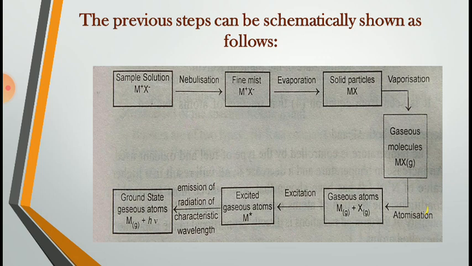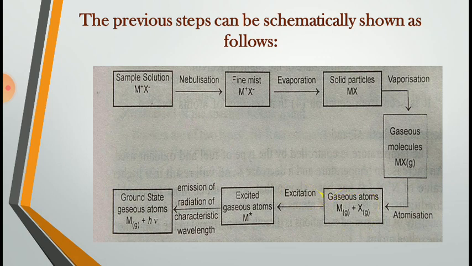In the atomization step, what will happen? The salt is vaporized and converted into free neutral gaseous atoms or radicals. That means MX, this is the residue remaining, will separate out in the form of neutral gaseous atoms or radicals.